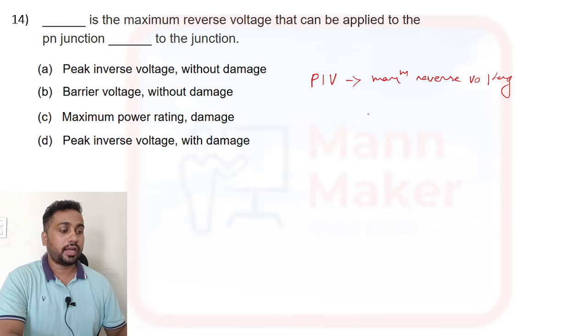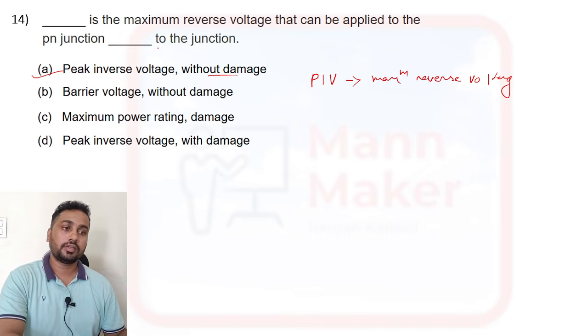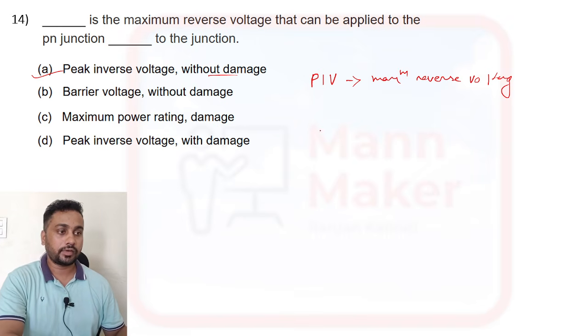All right, here the same definition is written. PIV, that is peak inverse voltage, is the maximum reverse voltage that can be applied to the PN junction without damaging the junction. Okay, so here option A is the right answer.